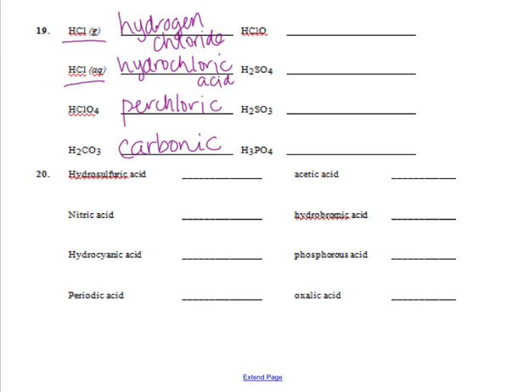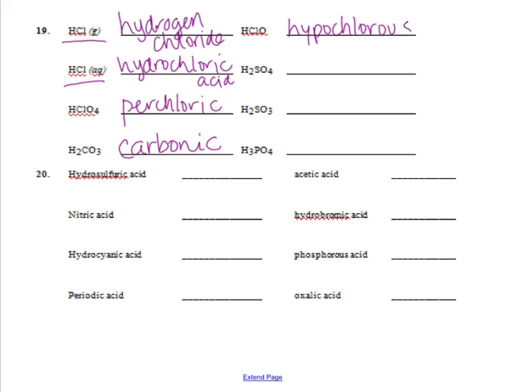Why are there 2 H's on that one? Because the polyatomic's charge is -2, so there has to be 2 positive H's. Right? HClO, what is ClO minus's name? Hypochlorite. So what would the acid name be?